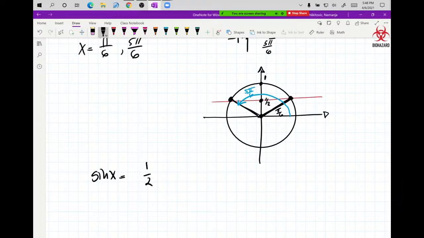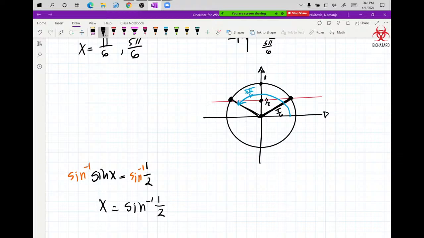So leave some space here. You hit both sides with the inverse sine. That will kill off sine on the left. And you just need to solve now sine inverse of 1/2.